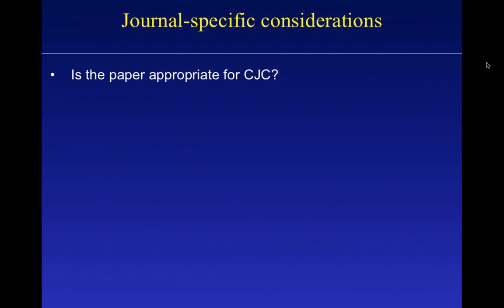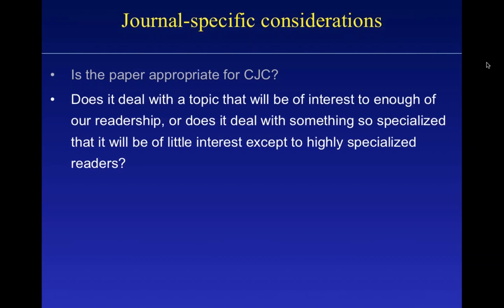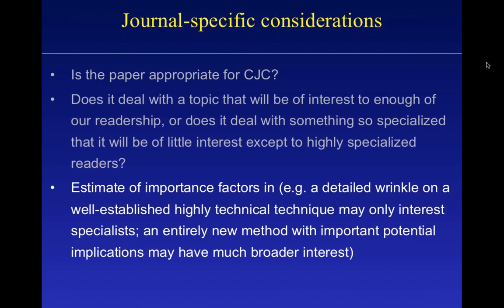Okay, so there are also some journal-specific considerations. First, is the paper appropriate for CJC? CJC is a general cardiology journal, and certain topics are simply so specialized that they're not of interest to the journal. Does it deal with a topic that will be of interest to enough of our readership, or does it deal with something so specialized that it will be of little interest except to highly specialized readers?